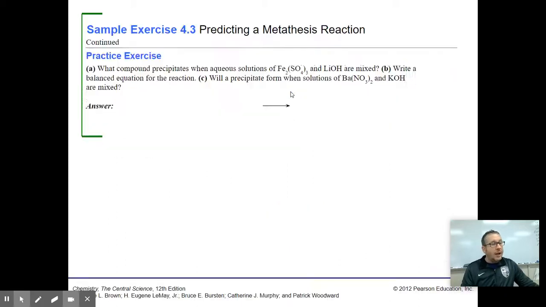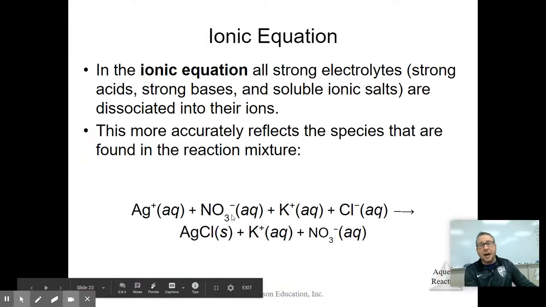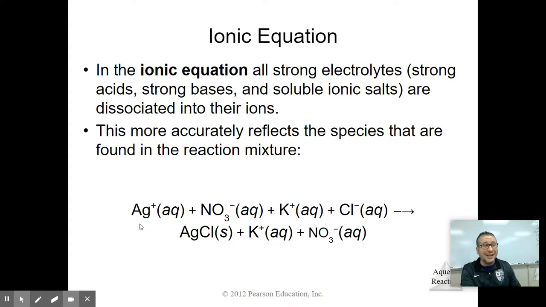So, again, we took this reaction, and we split up and dissociated anything that we could. Silver nitrate is a strong electrolyte. It's a soluble ionic salt. So it gets split into silver and nitrate ions. And I'm going to show you in the practice example that if there's a subscript or a coefficient, those do play a role. We'll get there a little bit later.